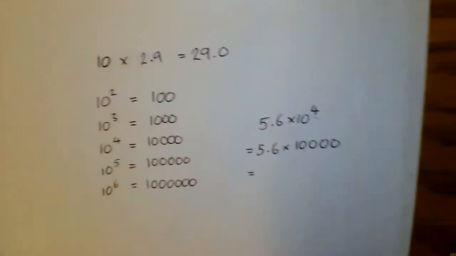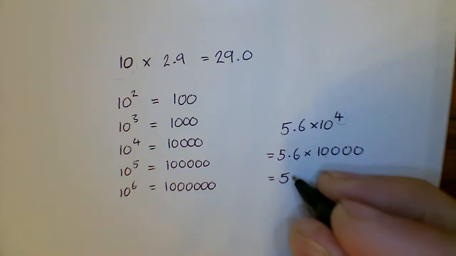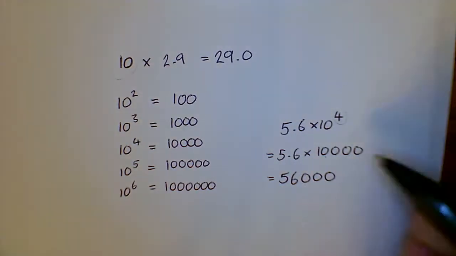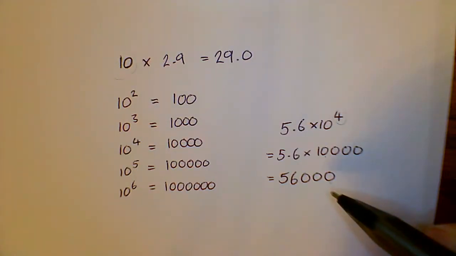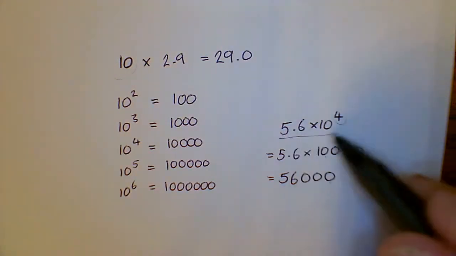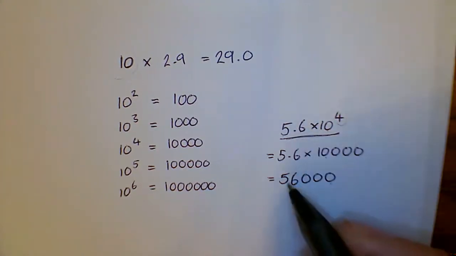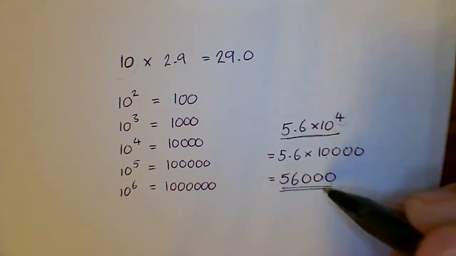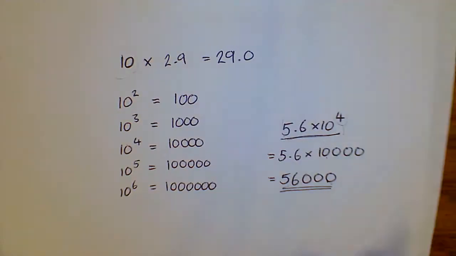So we're moving 4 places to the left, so we get 5, 6, 0, 0, 0. That number there is the same as that calculation there. So 5.6 times 10 to the 4 is the same as that number there. But this number is much more compact to write. It's much easier to write that number there.